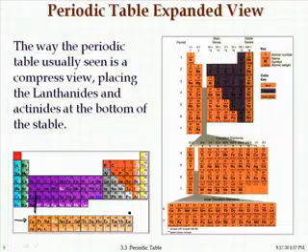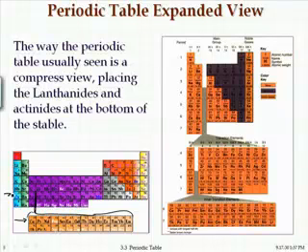So essentially, this top row should be inserted right in there, and then the second row is inserted in this little area right here. And as you can imagine, if we actually printed these tables with that stuck in there, it wouldn't fit on the paper as well.